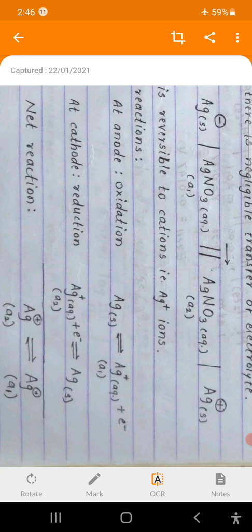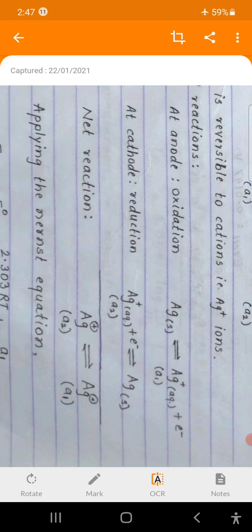As the cell reaction proceeds, the weight of the right hand silver rod increases, while the left hand silver rod dissolves in solution due to oxidation, and its weight decreases.